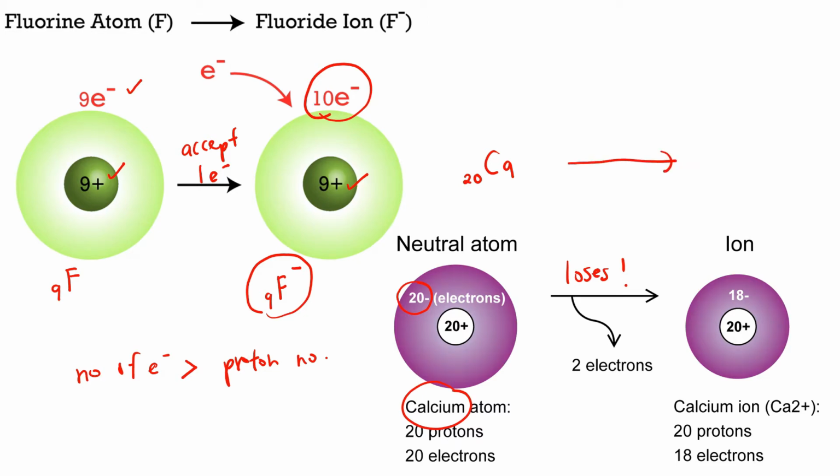So now the calcium atom becomes a cation, Ca2+. In the calcium cation, the number of protons is exactly the same. The number of protons is not affected when the atom forms an ion. But now the number of electrons will be fewer. So for a cation, the number of electrons is less than the proton number.